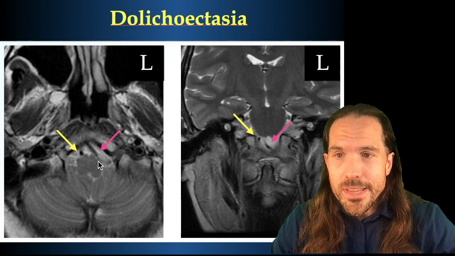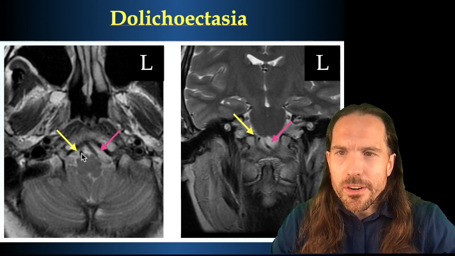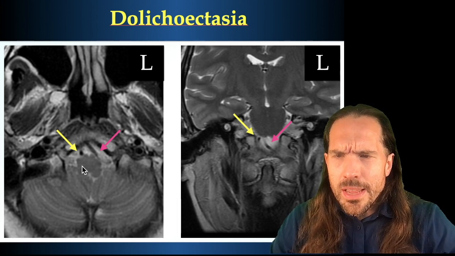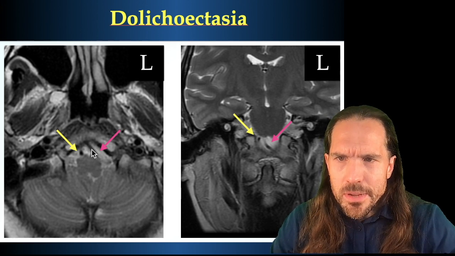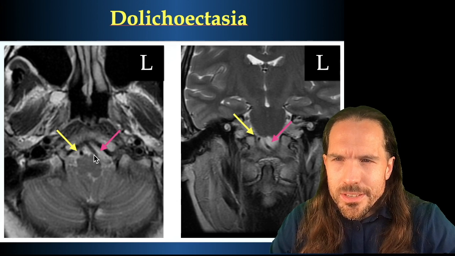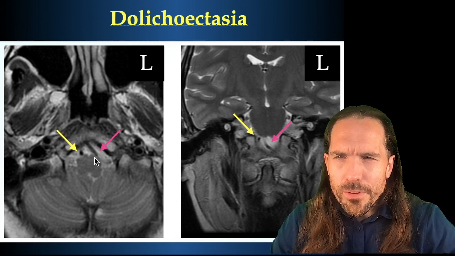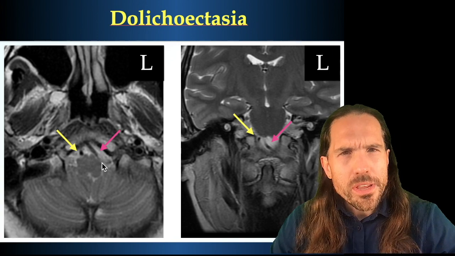And what do we see? This right here would be the medulla. And as you can see, as that artery on the left side is coming across, do you see this slight indent or flattening right through here?